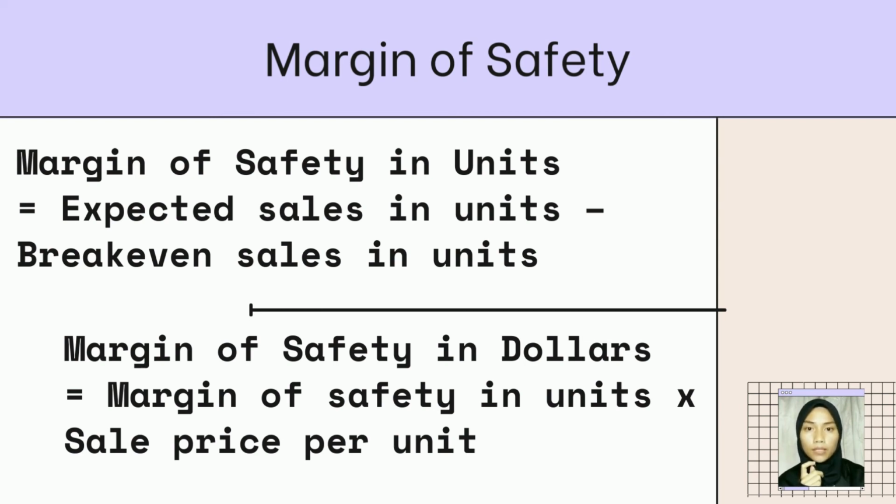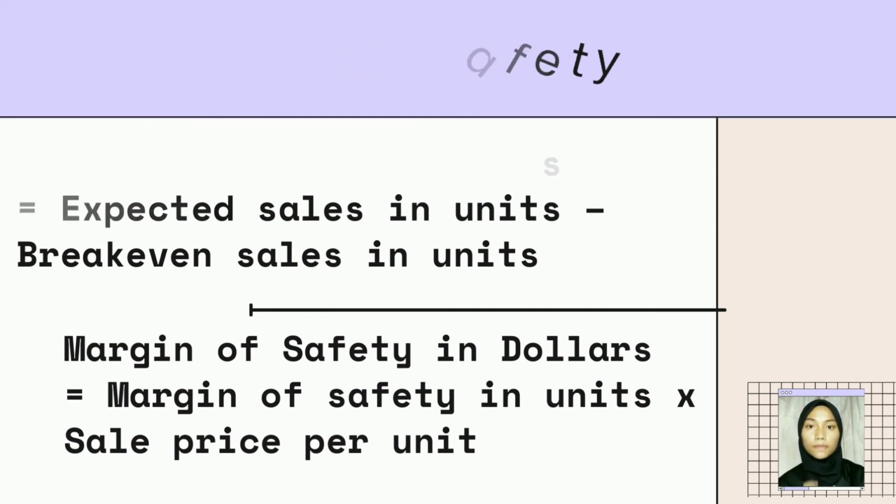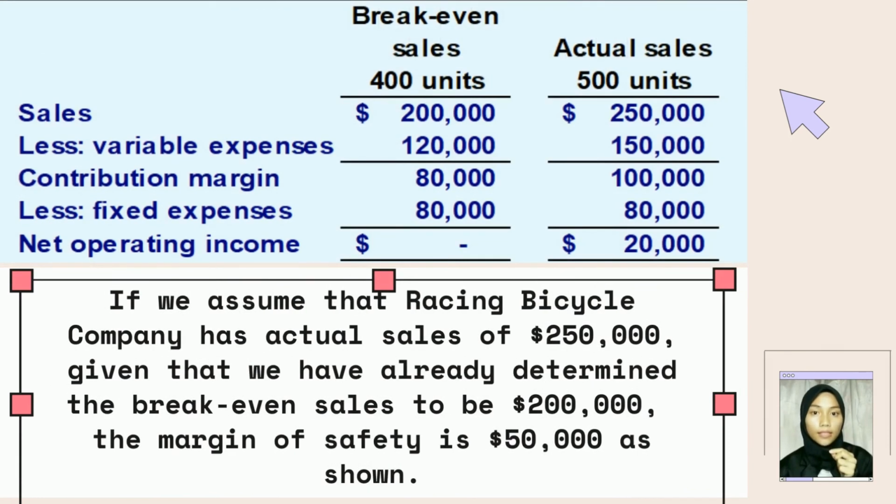It can be expressed in dollar amounts too. When you multiply the margin of safety in units with the sale price per unit, you will get the margin of safety in dollars. Next, let us see an example.